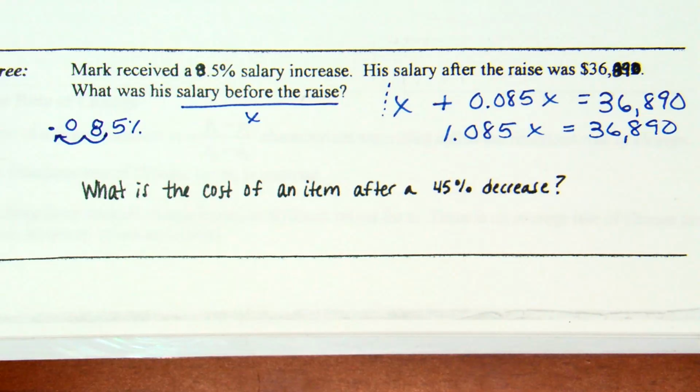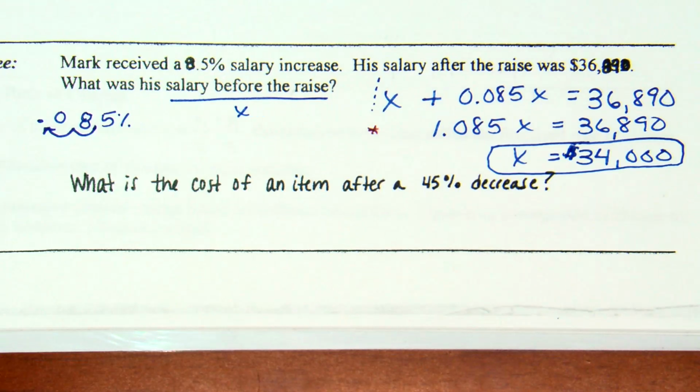What's that clean up to be? What's 1 minus 0.45? Or what's 100 minus 45? 55. So 0.55X, or in other words, if something is 45% off, you're paying how much of the price? You're paying the remaining 55%.